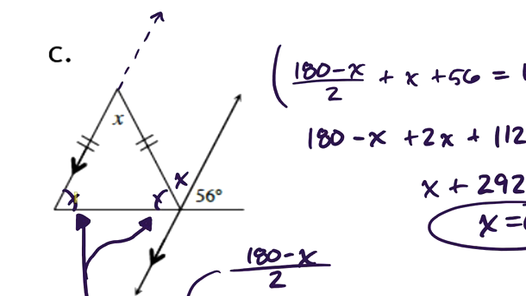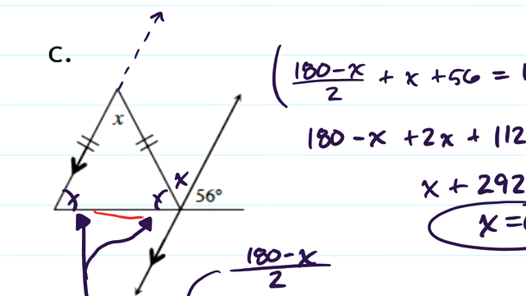And I guess these two angles right here, I can see what I did. I took 180, took away the x, and then cut them in half. So each of those have to be 180 minus x all over 2. And I think what I did is I focused on these three angles. These three angles are forming a straight line.